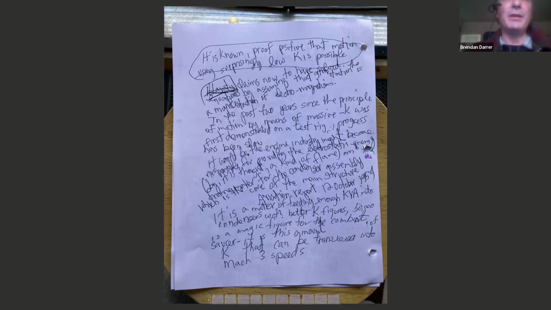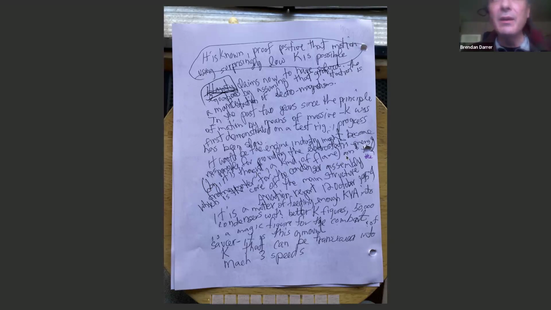It could be the engine industry that might become responsible for providing the electrostatic energy, a kind of flame.